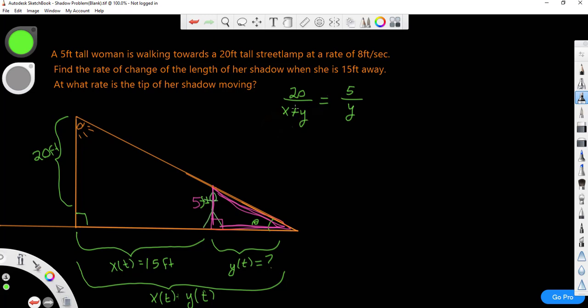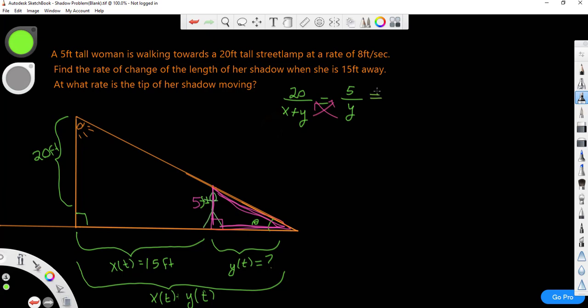Now, I don't really like fractions or formulas with the variables mixed, like x plus y and then this y in the denominator over here. So I'm going to cross multiply these, and see if I can get this looking nice, like an actual function should.